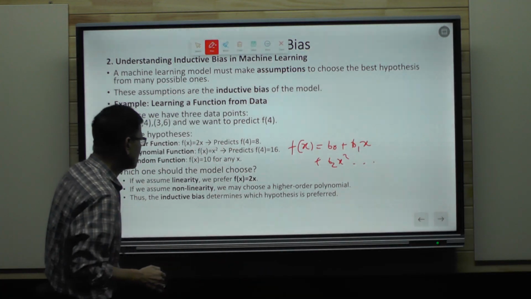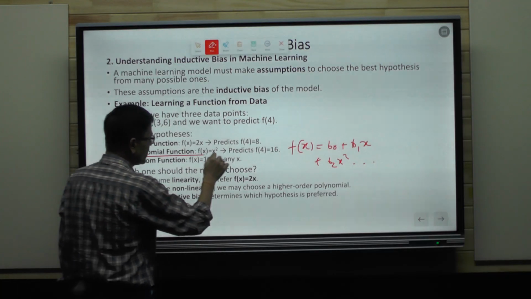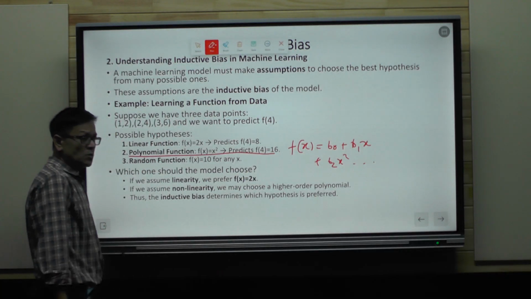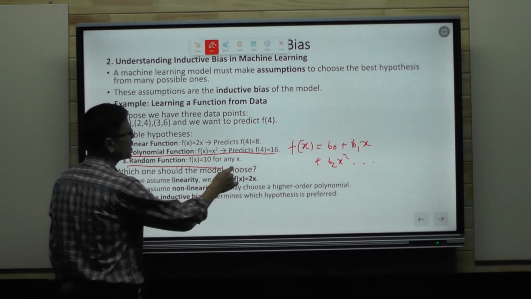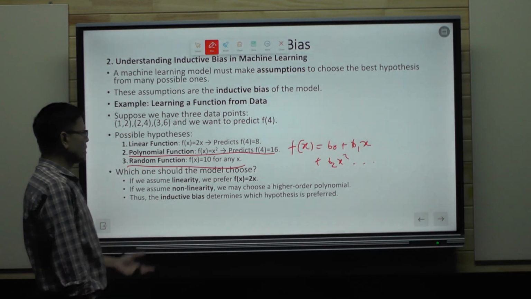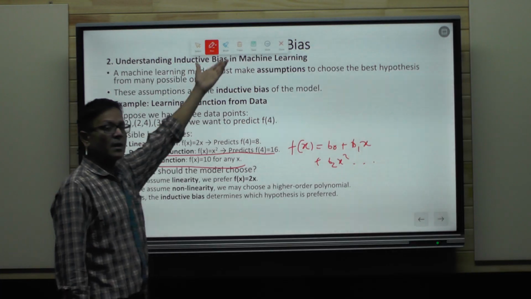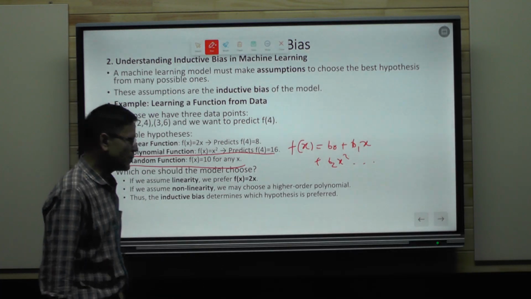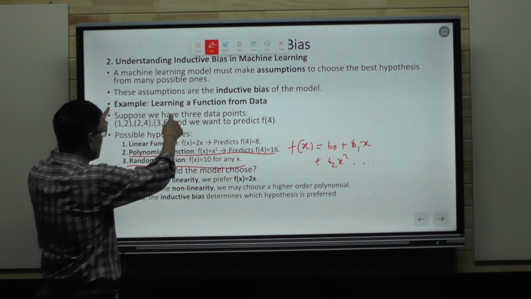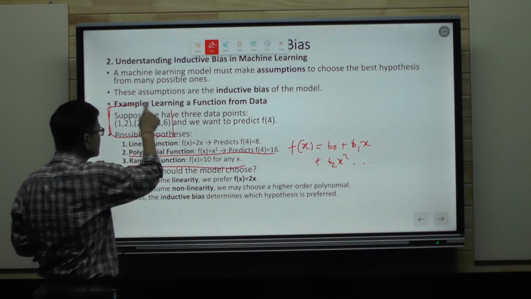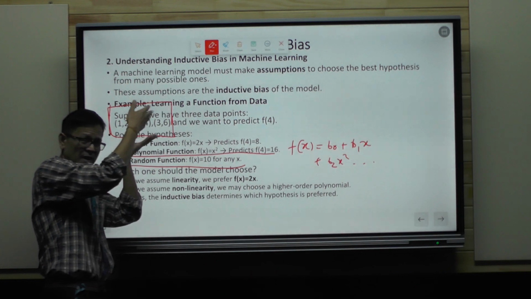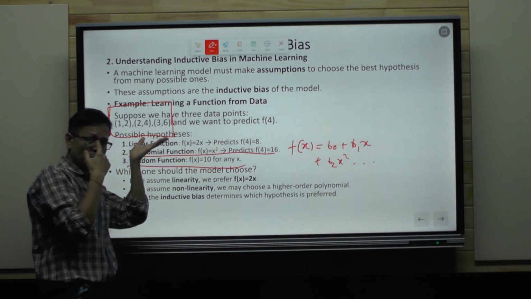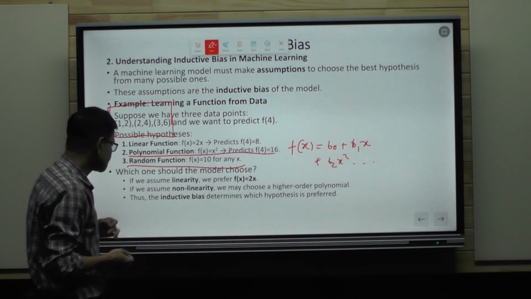So we can have a polynomial function where f equals 16, and we can have a random function, f(x) = 10, because this relationship may break when new inputs start coming. If the data set is just limited to this, it is perfectly okay to guess that the output is twice the input.